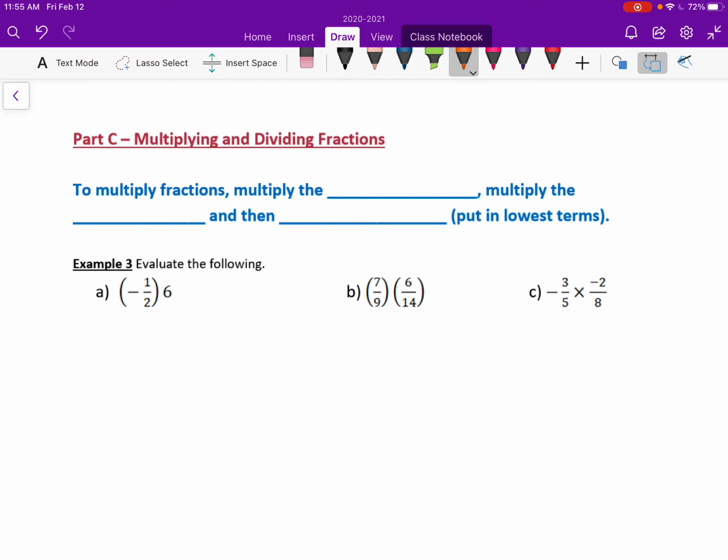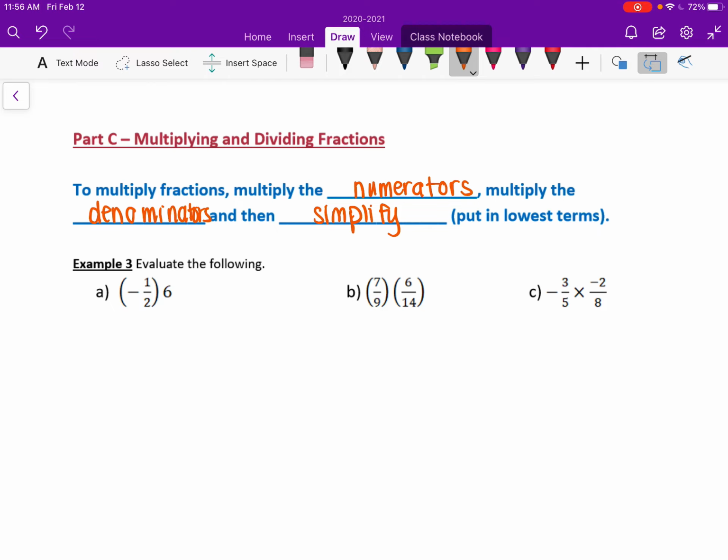To multiply fractions, multiply the numerators, the top numbers, and multiply the denominators, the bottom numbers. And then express in simplest terms, or what we call simplify. So you're going to put it into lowest terms.